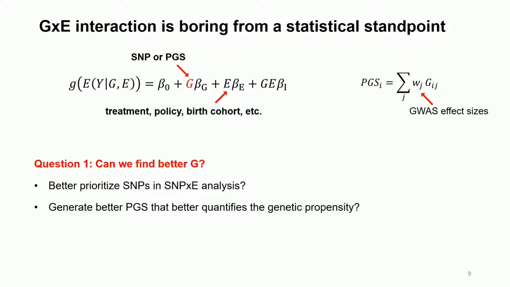Is it possible that we can better prioritize SNPs to find the genetic variants that are potentially more reactive to the environment, that are more likely to actually give you G by E results without looking at your data? And the second, is it possible to construct these better polygenic scores that are different from a standard polygenic score, but somehow quantify the correct genetic propensity that is supposed to interact with environment?